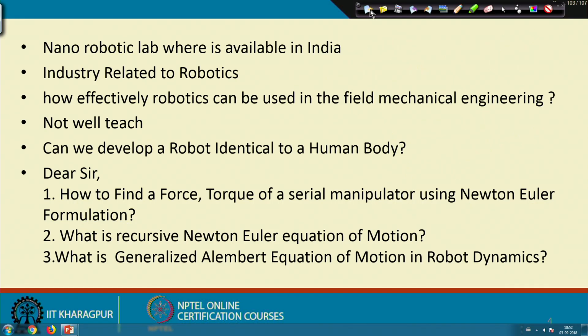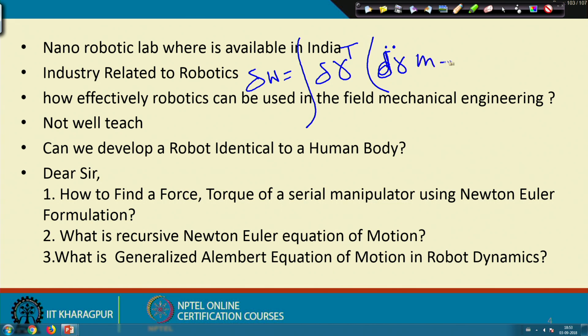Now, this virtual work, if you see the expression of the virtual work, this delta W, if it is the virtual work, is nothing but integration, then comes your delta R transpose, multiplied by your R double dot, or delta R dot, then comes your mass minus F external force.